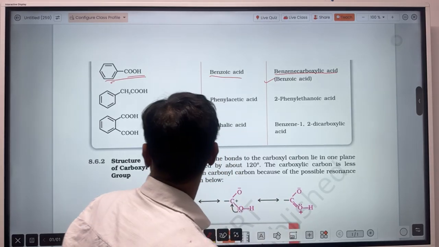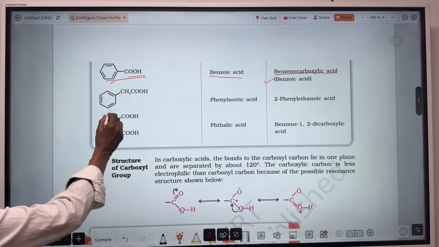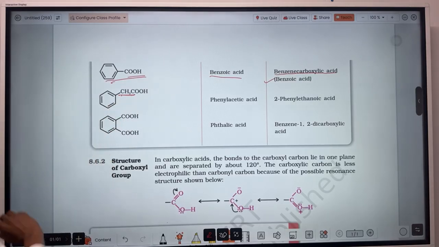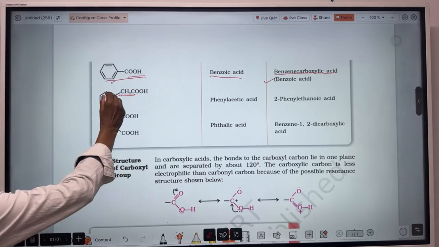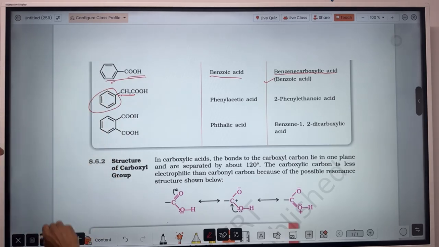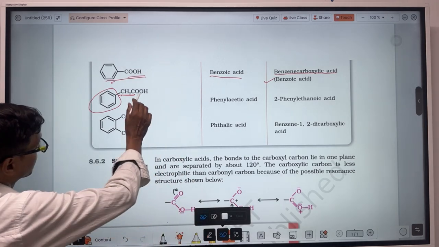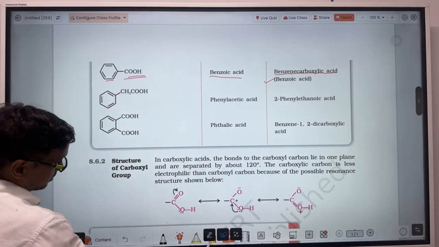So let's see here. It is an open chain of 2 carbons, and there is a functional group in the open chain. So this group, that is benzene, will be considered as a substituent, and the name of the substituent here will be phenyl. Firstly, we will have to do the numbering here.